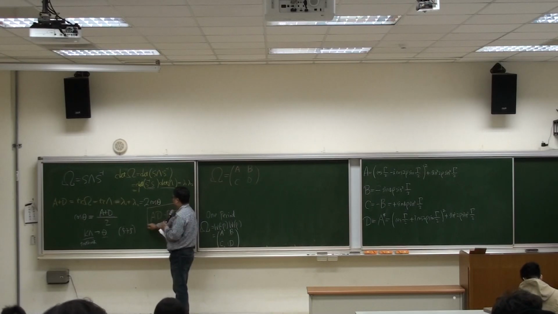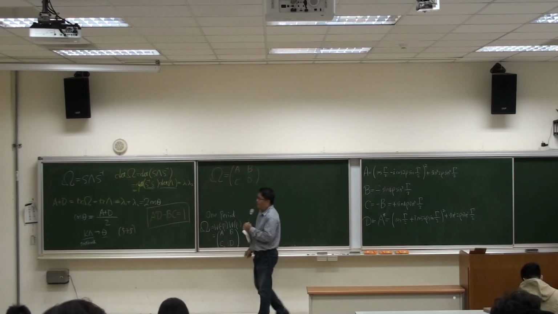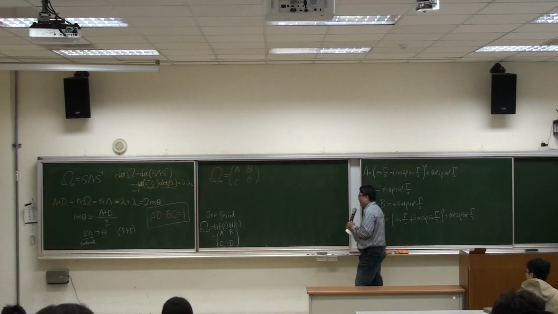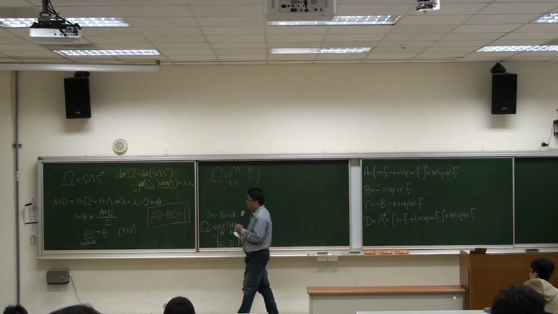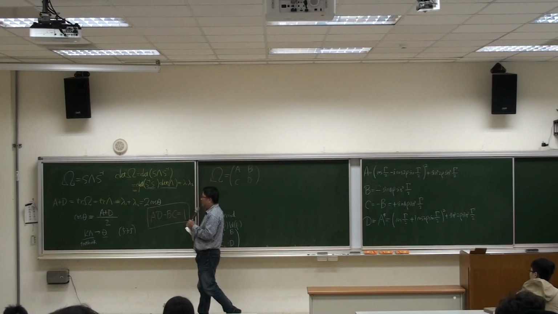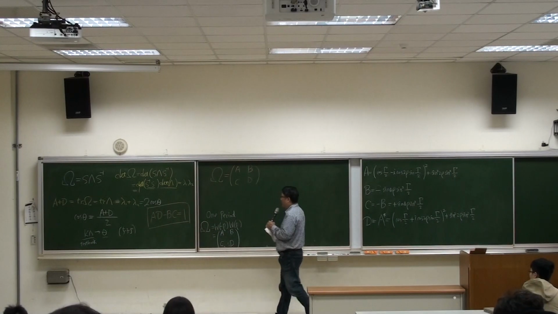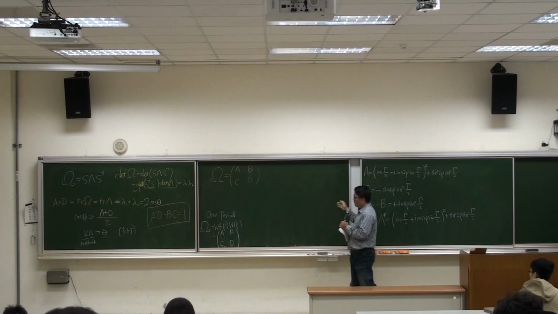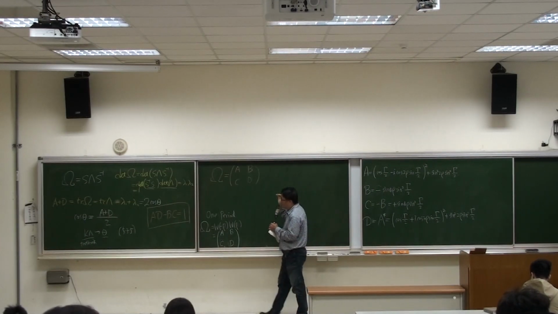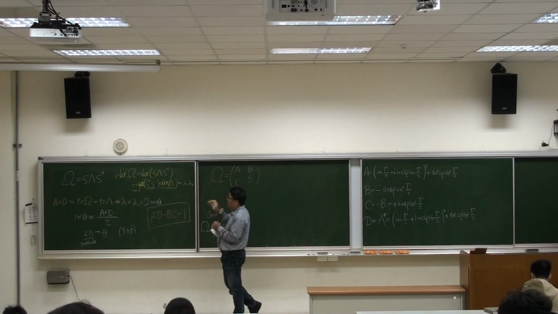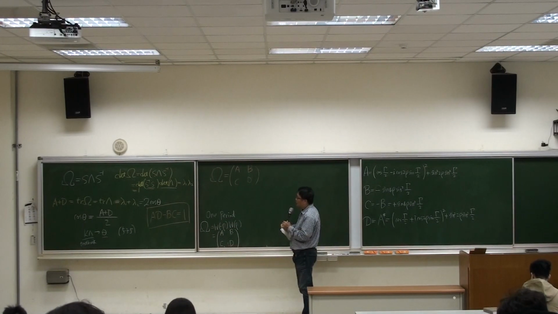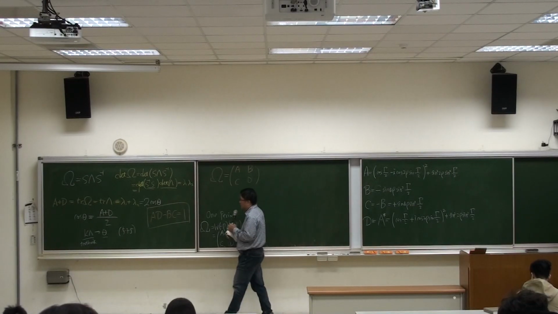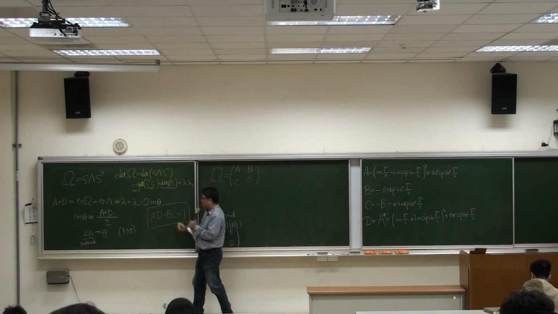This is the consequence of the fact that capital omega is equal to W minus rho times W rho, and since both W have determinant equal to 1, then we have the determinant of omega equal to 1, and the determinant is just equal to AD minus BC.